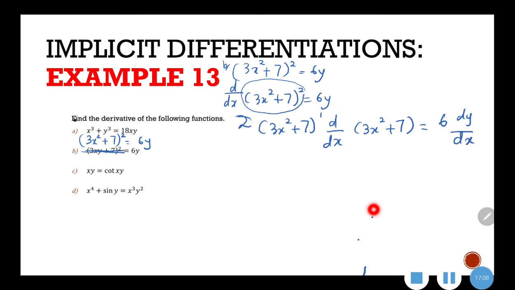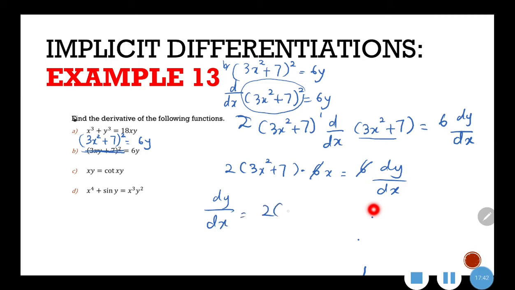Okay, so now 2 times 3x square plus 7 times with the d dx of this part here is 6x, and this one should be 6 dy dx. Okay, 6 here can be cancelled, so dy dx is just this. Okay, so this is the final answer.